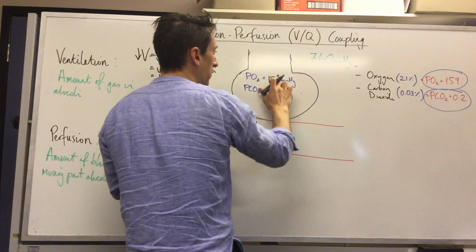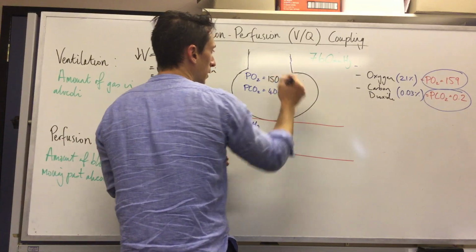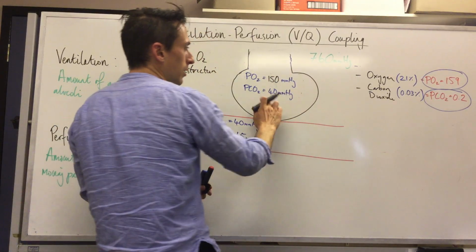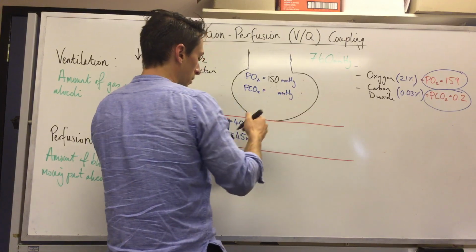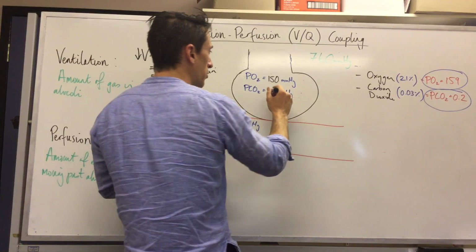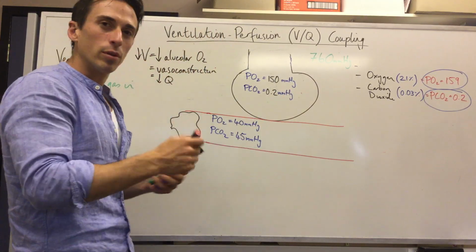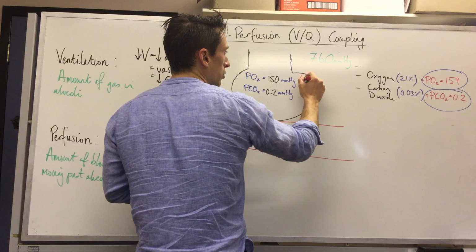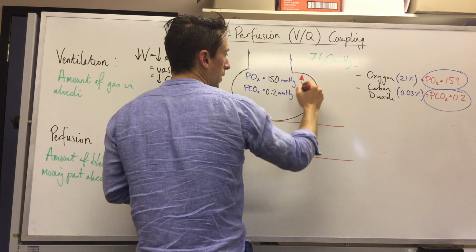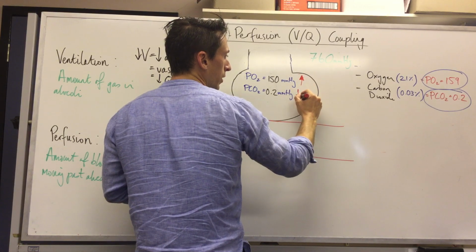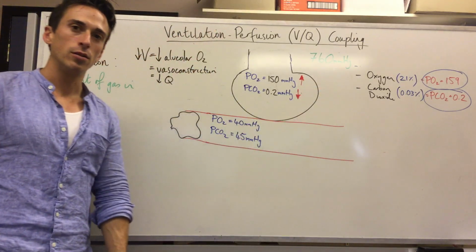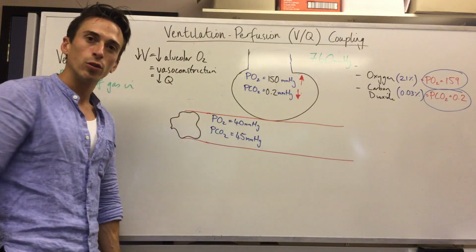Let's just say 150 because it's not going to be exactly. And the carbon dioxide shifts down to nearly zero, so virtually 0.2 millimeters of mercury. So what has happened? You've had an increase in oxygen, but you've had a drastic decrease in CO2. And this is because of the occlusion.